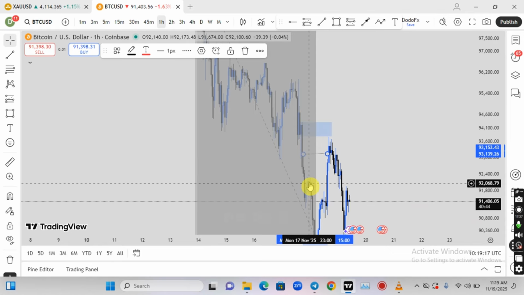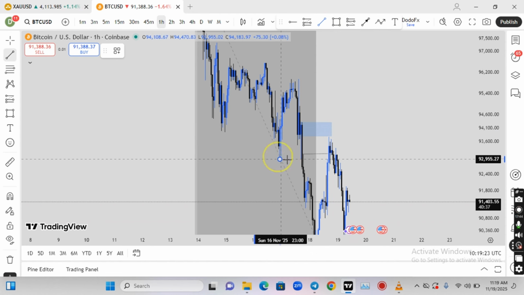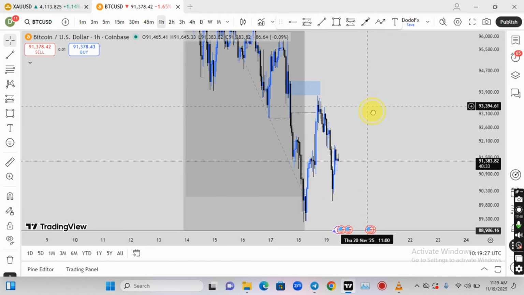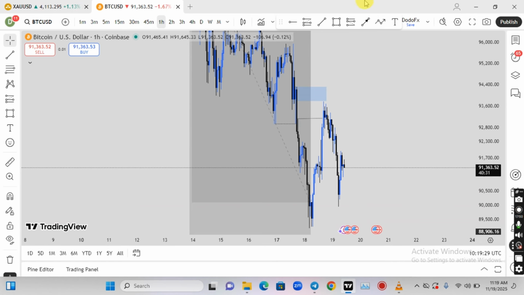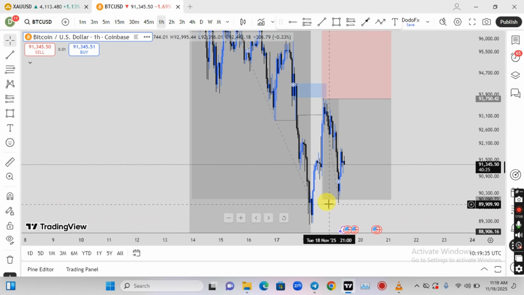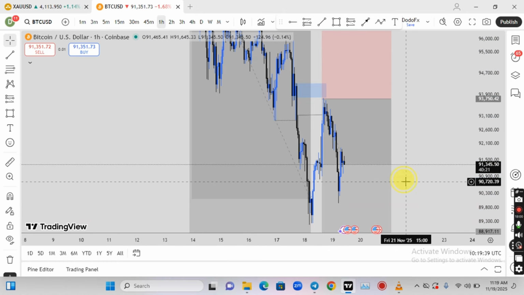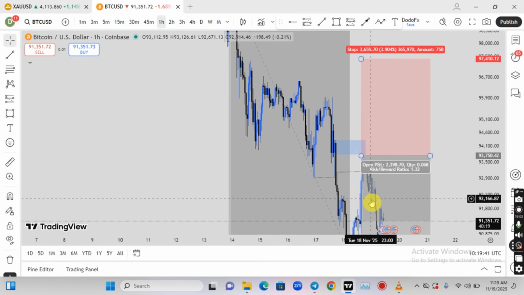I can use this as a first pullback, but I decided to use this one because this one is closer to my point of interest, right? And we have a break of structure here, right? So that's how I got this entry. Then it now starts selling. I'm expecting it to reach this level here. I'll use the wick.